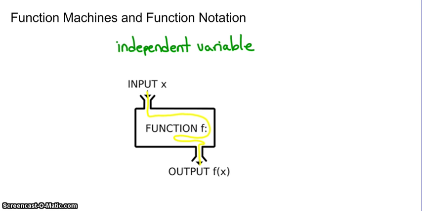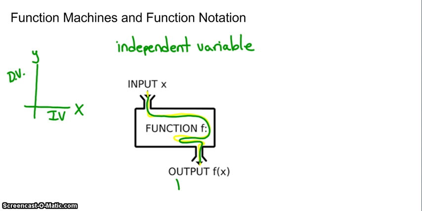Okay? So you can also picture this almost like if it was on an axis. You know, the independent variable always goes on your x-axis, and that means, of course, the dependent variable will go on your y-axis. So it's exactly the same case here. It's going to have an independent variable, which is also known as your input, and then it's going to go through the function, and you're going to get your output.